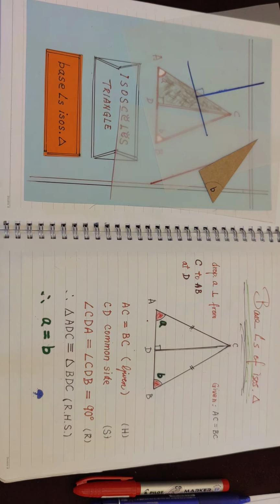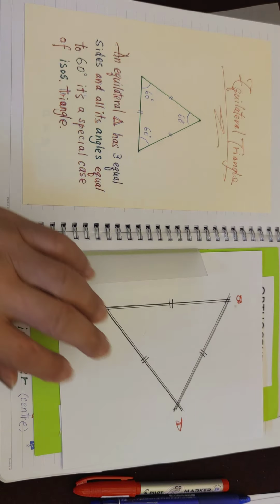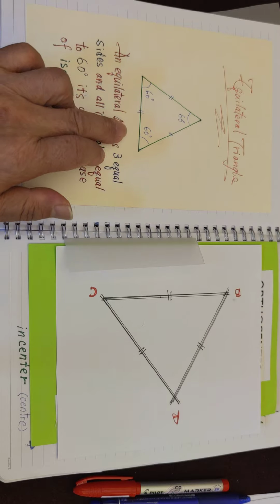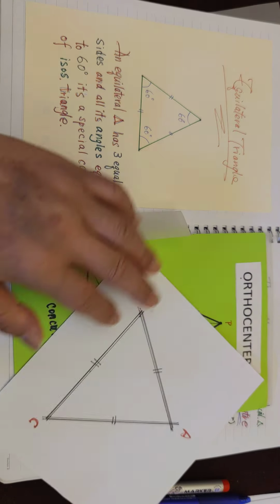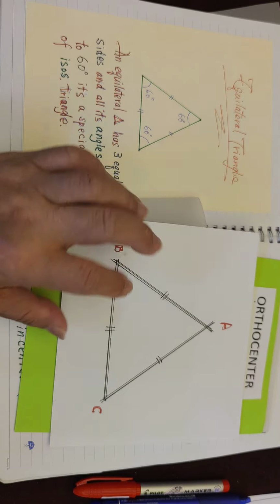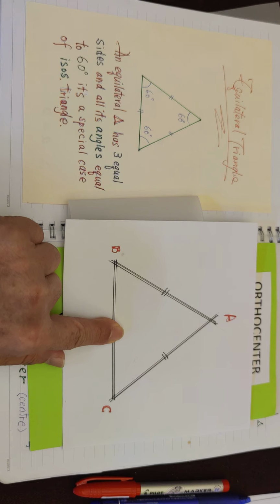So after talking about the isosceles triangle, we now come to the equilateral triangle, having three sides equal in length and three angles equal to 60 degrees. Now we see that for this equilateral triangle, we can take this as an isosceles triangle if we look at it this way.